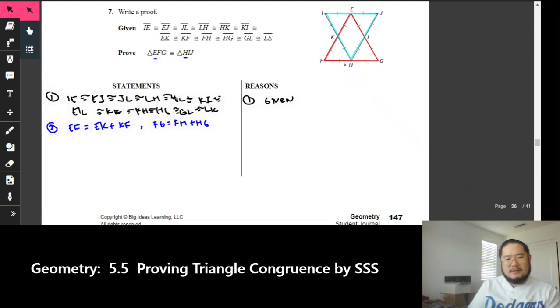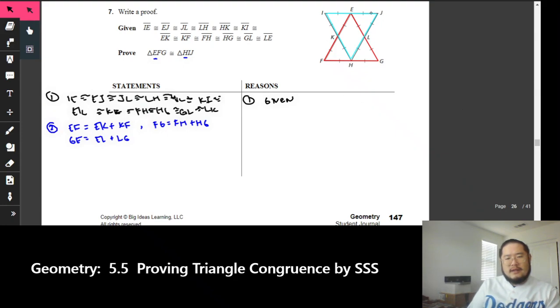So there's the bottom segment. And then let's add that G to E is equal to EL plus LG. All right, so we got that part there.